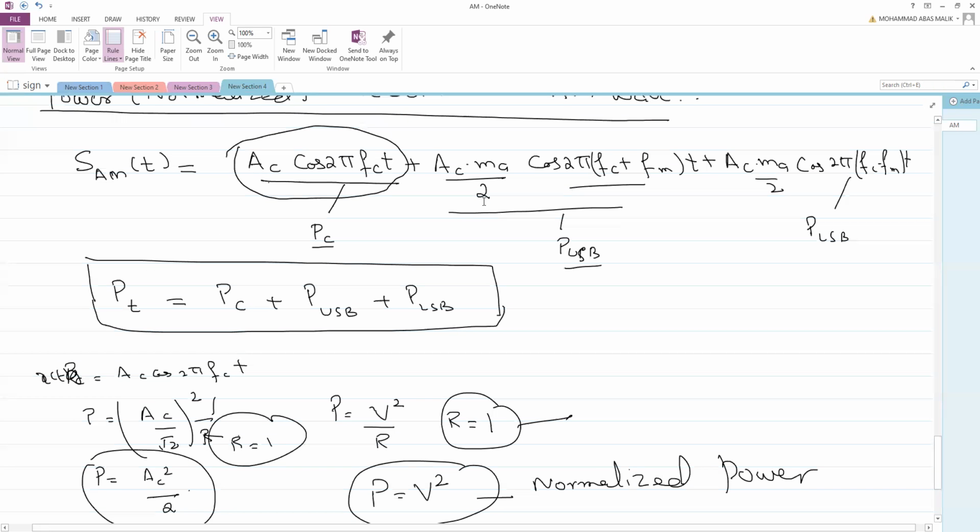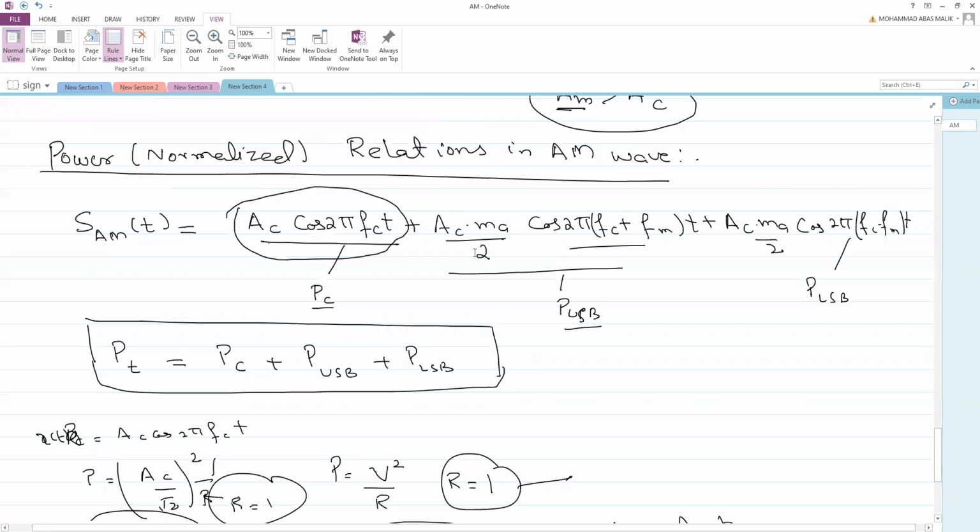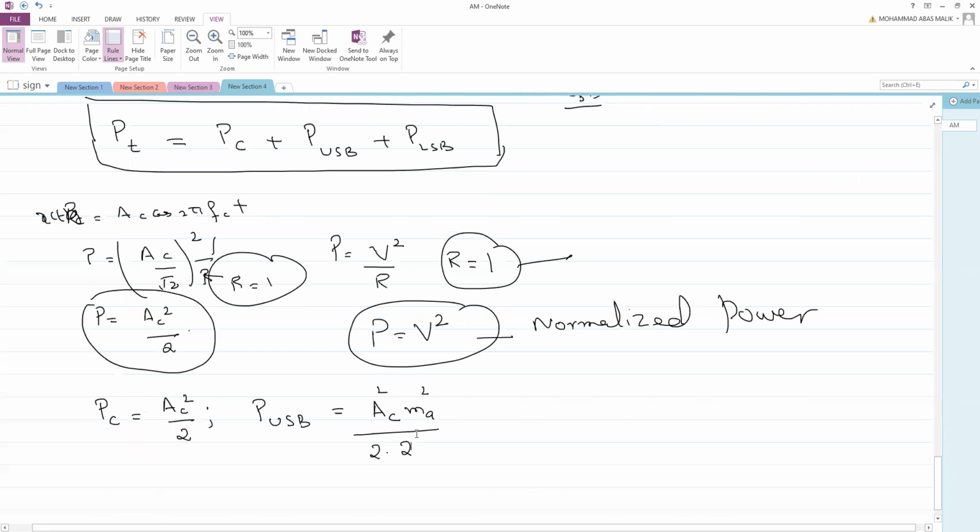This is already divided by 2, then you divide it again by 2. So the total upper sideband power will be equal to Ac² ma²/4. Done.